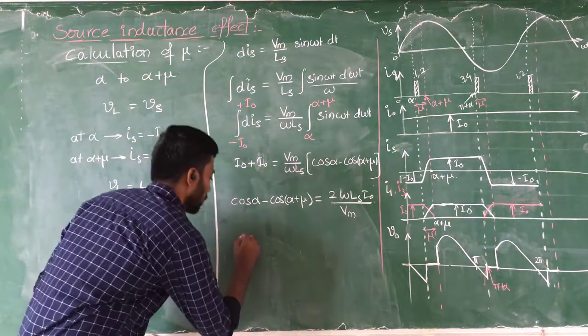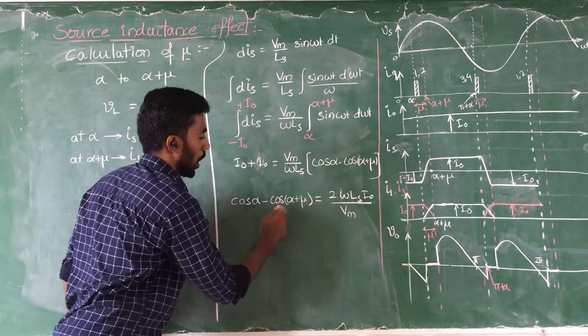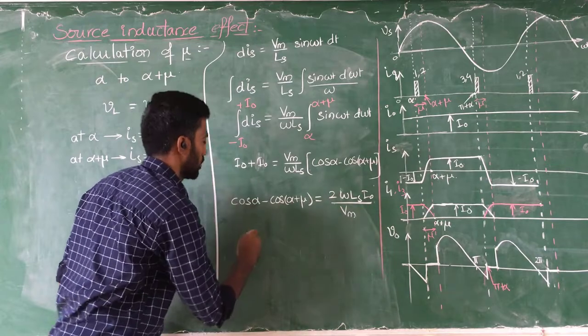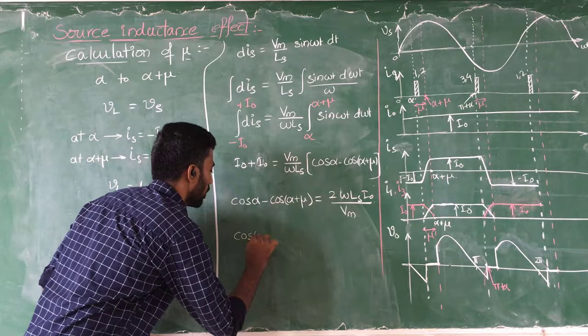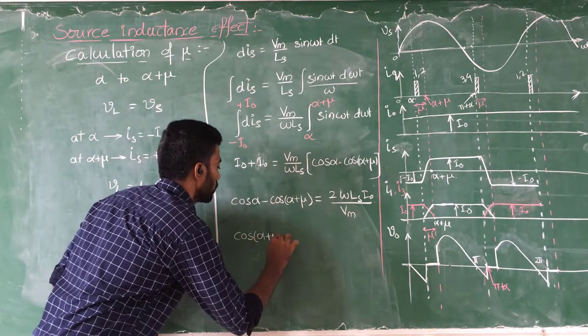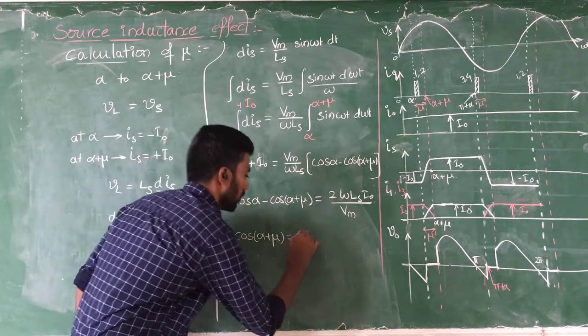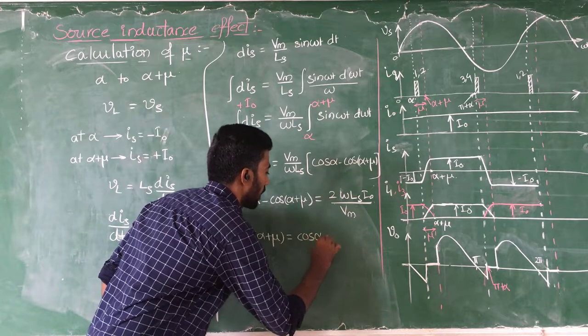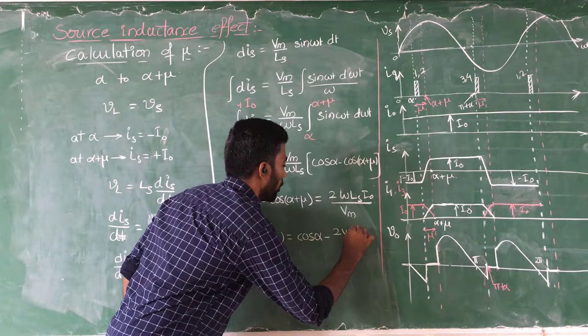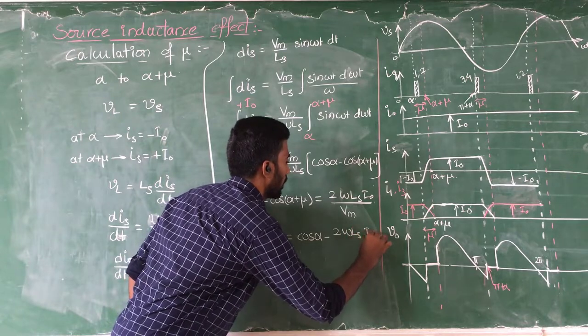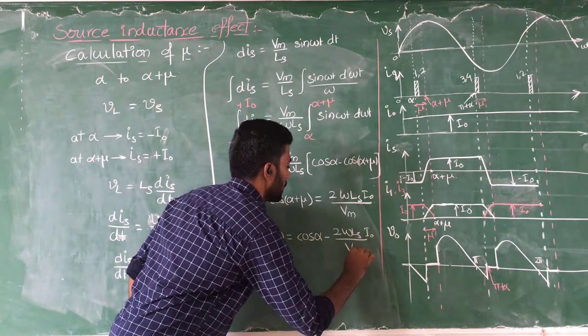For that mu value, we will take cos alpha plus mu on the left side and the rest on the right side. Then we get cos alpha plus mu is equal to cos alpha minus 2 omega Ls I naught by Vm.